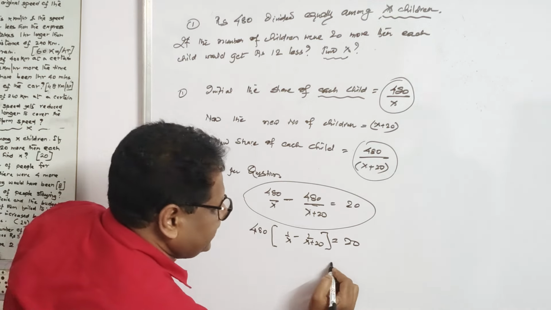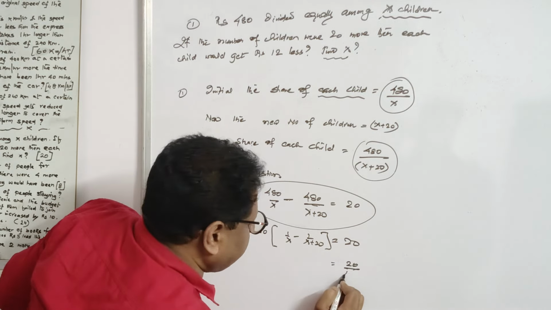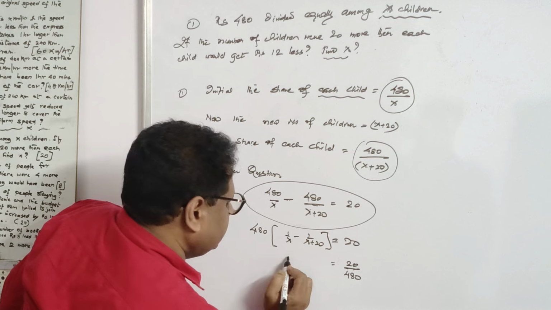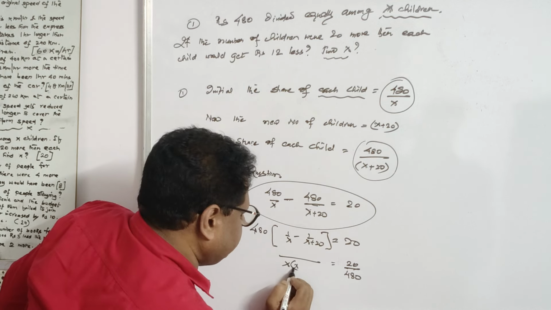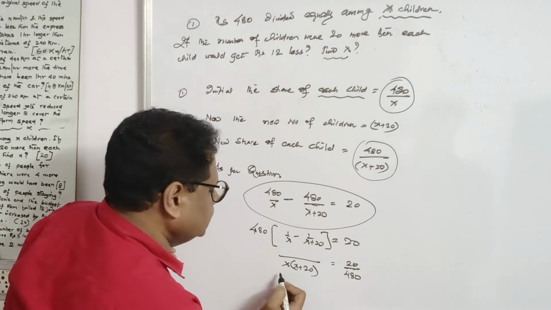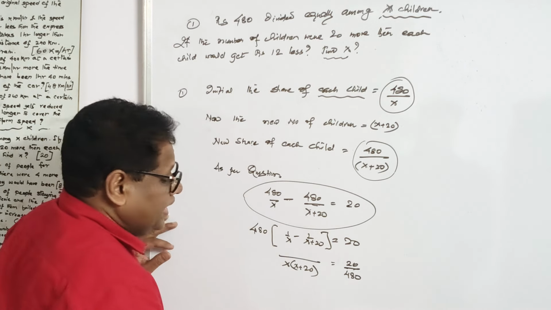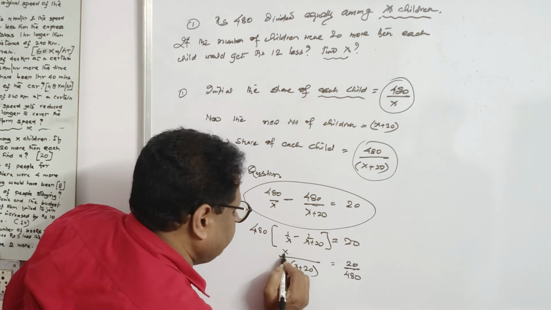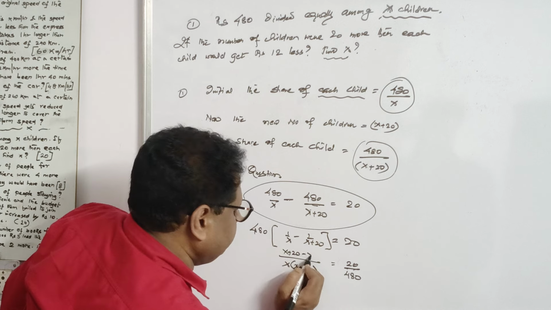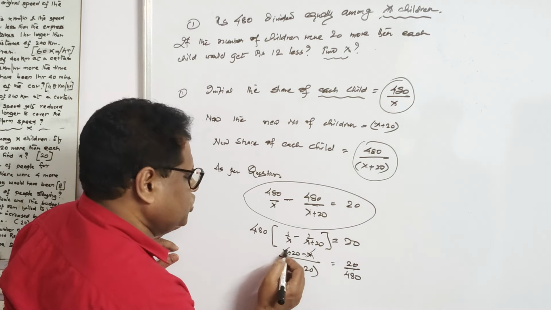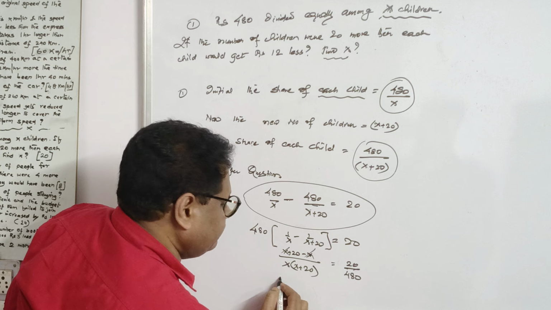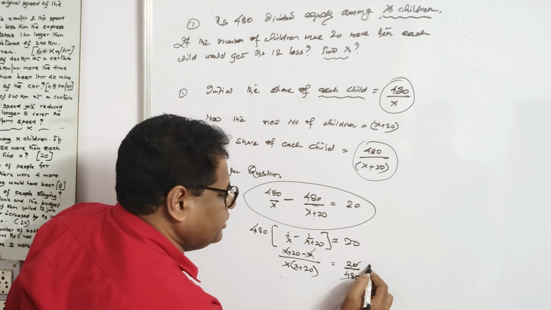Shift this 480 to the right hand side, so it is 20 by 480. Here we have x into x plus 20. On taking LCM, we have x plus 20 minus x. These two get cancelled, so we can make it simpler.